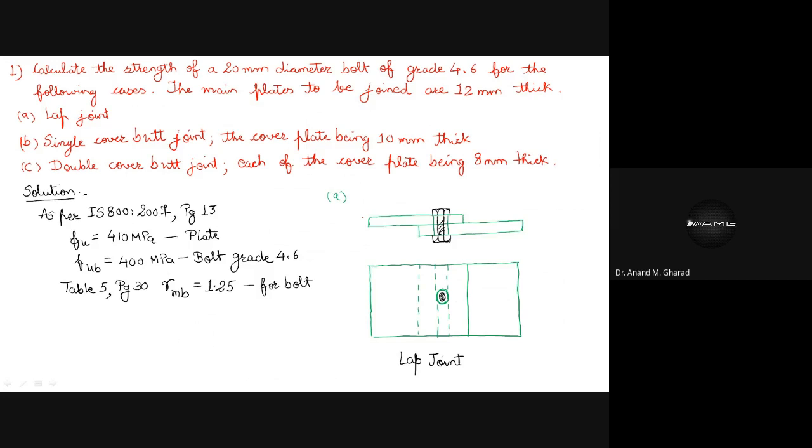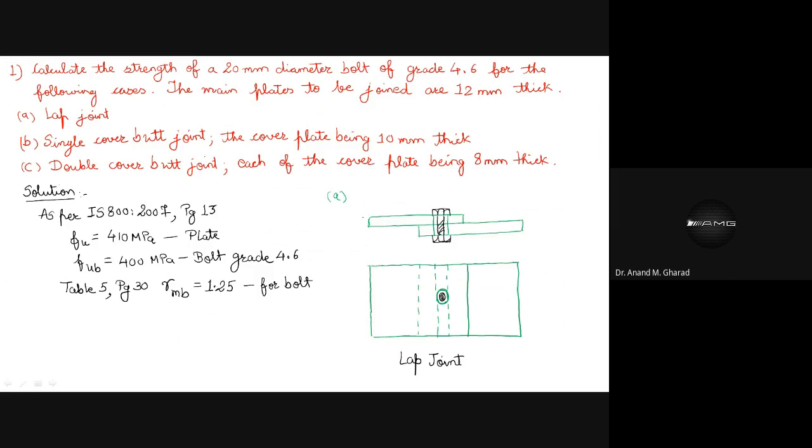So to begin with, let us try to understand. We will start with the calculation of the capacity or the strength of any type of connection, and slowly we will see how to design that connection. So are you ready?